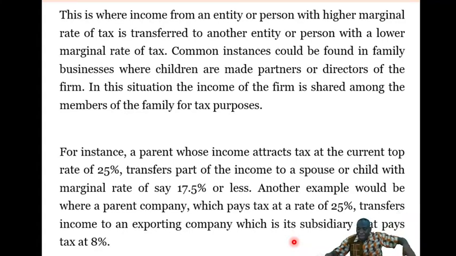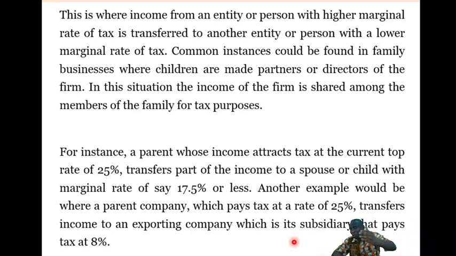Meanwhile, he pays only 8% as tax because he exports, and this guy too, because he pays tax at 25%, and his income is low because he's supplying the item to the subsidiary at a lower price, the 25% will be slapped on a very lower profit, so that in effect the group will benefit.